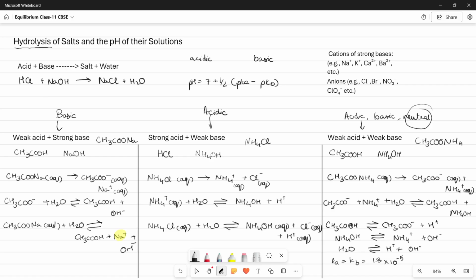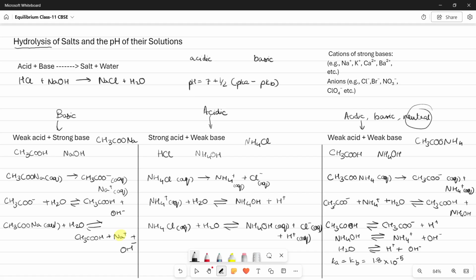Another thing they've mentioned is that the degree of hydrolysis is independent of concentration. Notice we haven't considered the concentration when we wrote the equation for the pH. It only depends on the strength of the acid and the base.